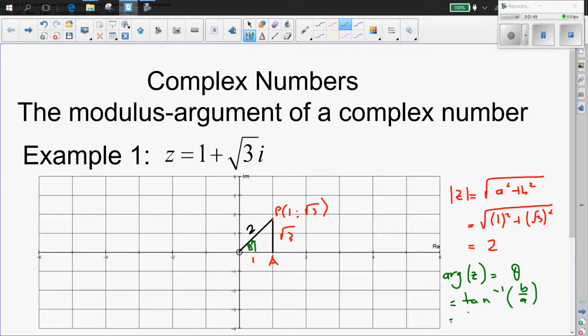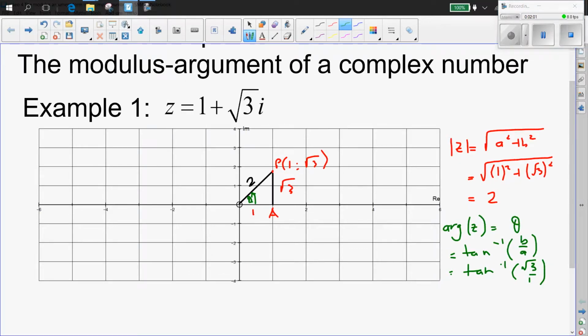In this case it's going to be arctan of root 3 over 1, and if we enter this into our calculator, making sure our calculator is in radian mode, we get pi over 3, or a third pi radians. So my argument is pi over 3, my modulus is 2.